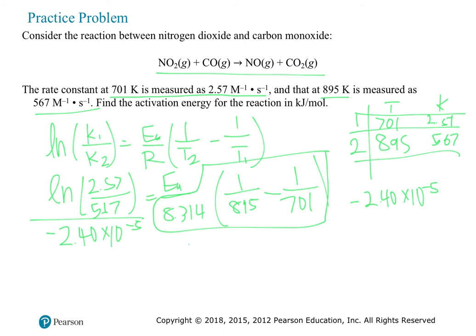And we get our activation energy to be 2.25 times 10 to the fifth. That's in joules per mole. Since I want it in kilojoules, we'll just divide by 1,000. So we get 225 kilojoules per mole.